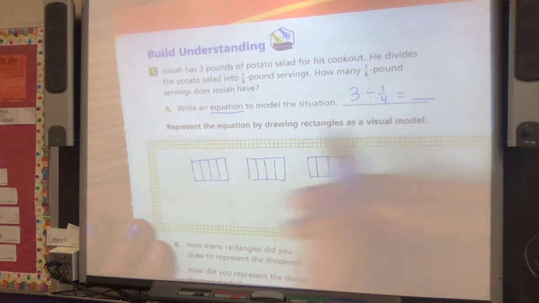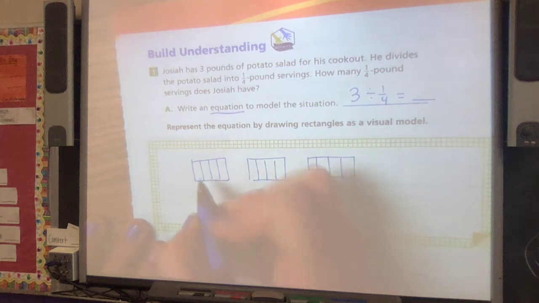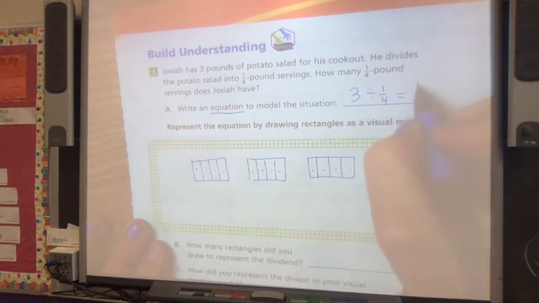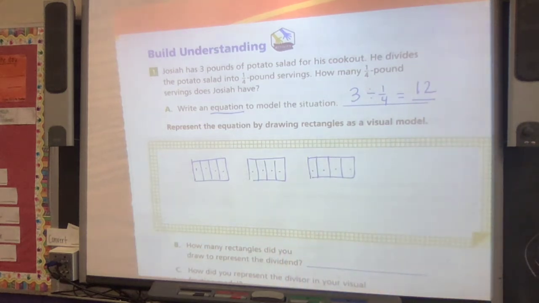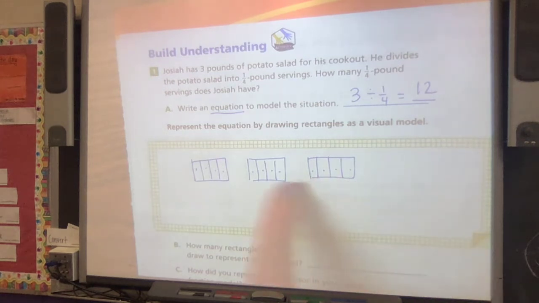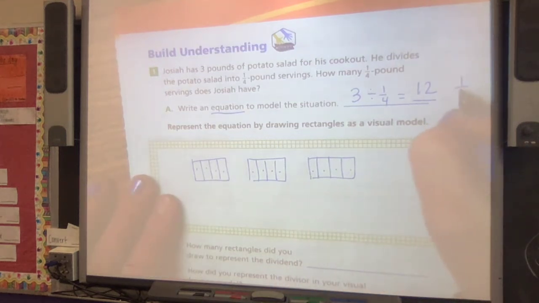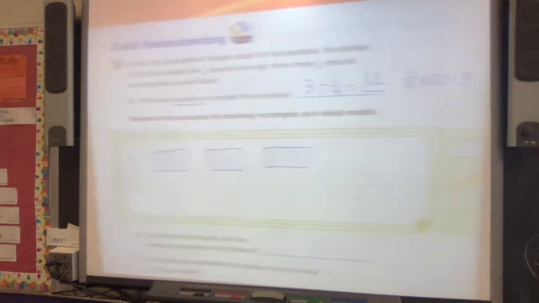How many 1/4 pound servings does he have? 1, 2, 3, 4, 5, 6, 7, 8, 9, 10, 11, 12. He has 12 1/4 pound servings. So you're asking how many 1/4s are in 3. There are 12 1/4s. So we can also say 1/4 times 12 gives us the 3. If you can see all that.